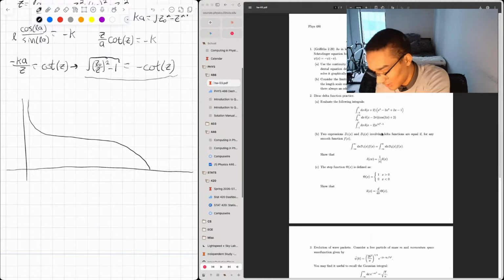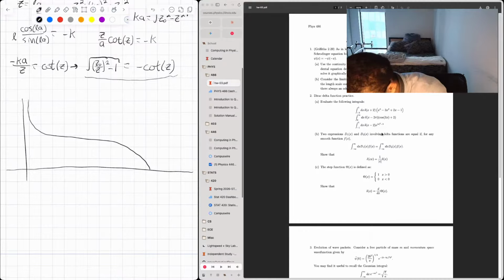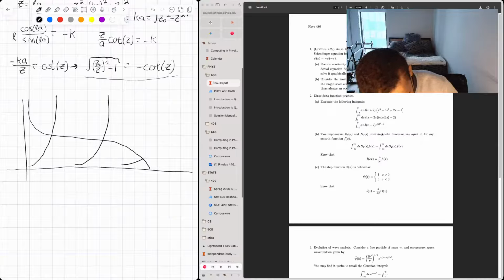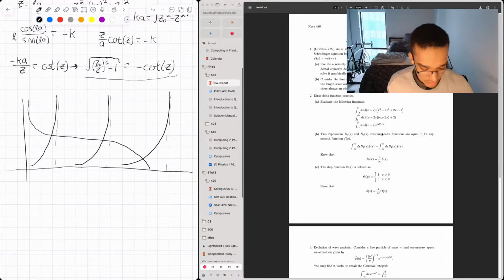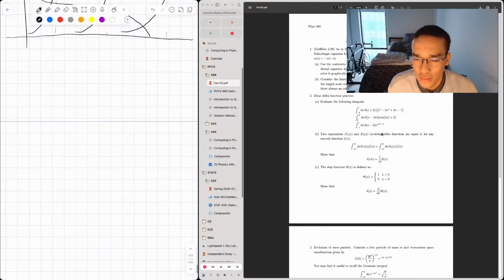And I also have this graph on my equation sheet, so yeah, it's going to be like this, and then like this. Like that. Okay, next, B, consider limiting cases.